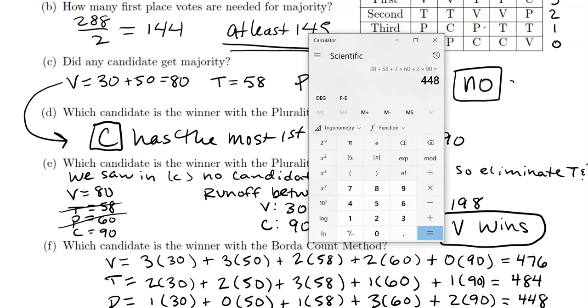So 0 times 30 is 0. They got 50 for column 2, and then 0 in column 3, 0 in column 4, and then, sorry, 3 times 90. I gotta fix that on the other one. So 90 times 3.